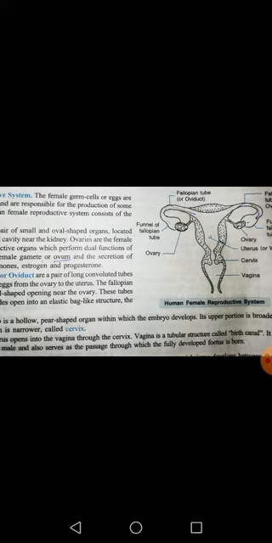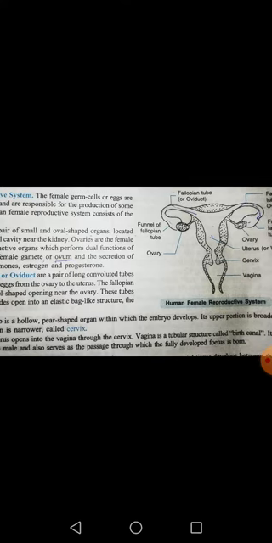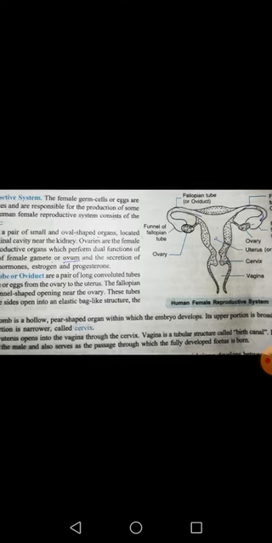Vagina is a tubular part which is also called the birth canal. Sometimes in the examination the question comes, what is vagina or what is birth canal. So you can say that vagina is the birth canal, which leads from the cervix, and finally it opens to the exterior.